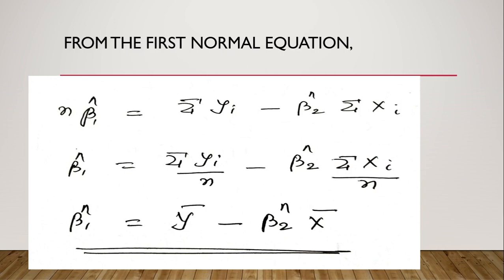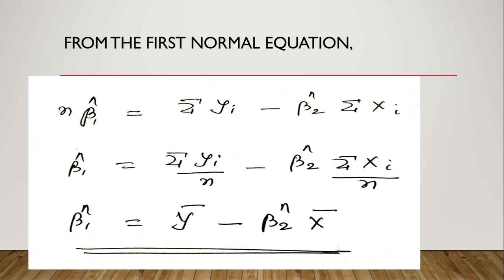From the first normal equation, we know that n beta 1 hat is equal to, simply rearranging the first normal equation, sigma yi minus beta 2 hat sigma xi.